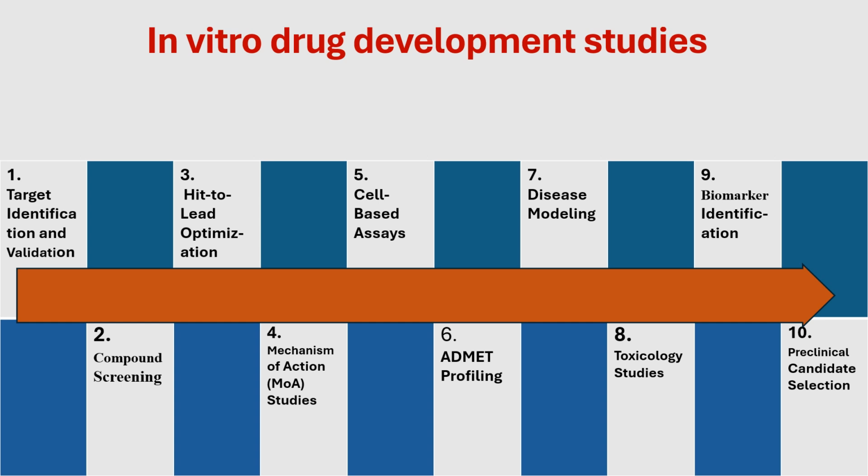6. ADMET profiling. ADMET stands for absorption, distribution, metabolism, excretion, and toxicity. ADMET properties are assessed in vitro. By doing so, we eliminate compounds with poor ADMET profiles. 7. Disease modeling. The compounds are tested in in vitro disease models.